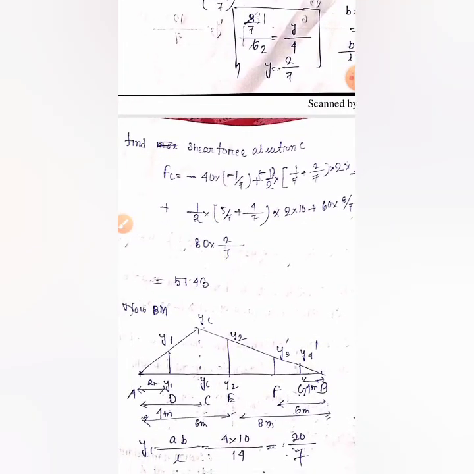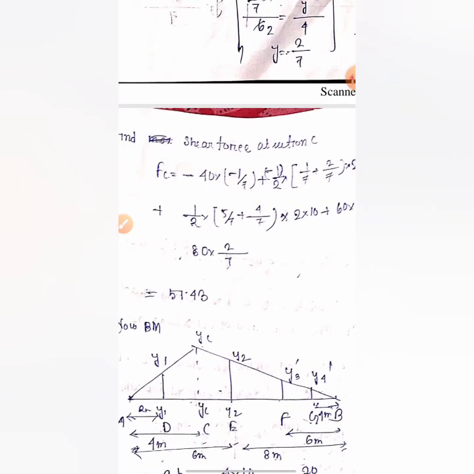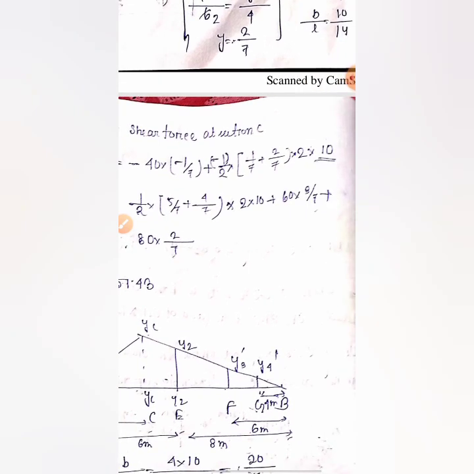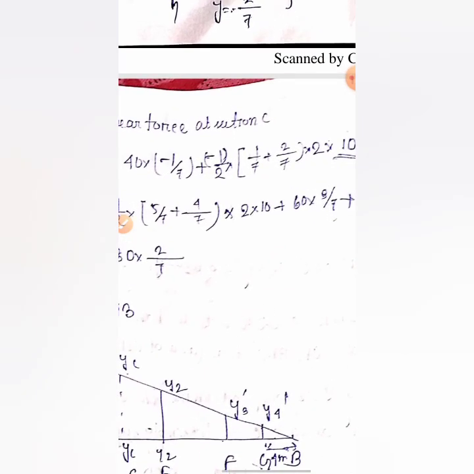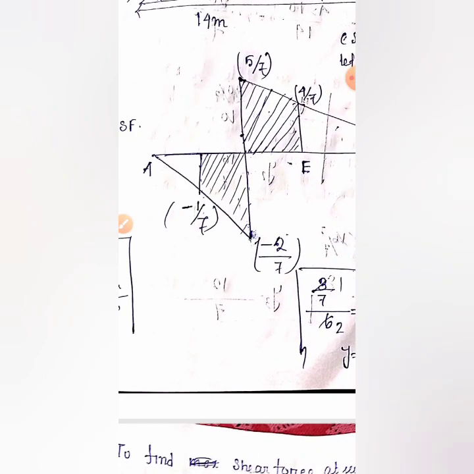Now in the solution, just see what I have done. Fc equal to minus 40 into minus 1 by 7, that is load 40 into minus 1 by 7, which is the ordinate. I multiplied it, and just see it: minus half into 1 by 7 plus 2 by 7 into 2. Now what is this 2? 2 is the perpendicular distance of the trapezium shape. I have told you that we have to find out the area.